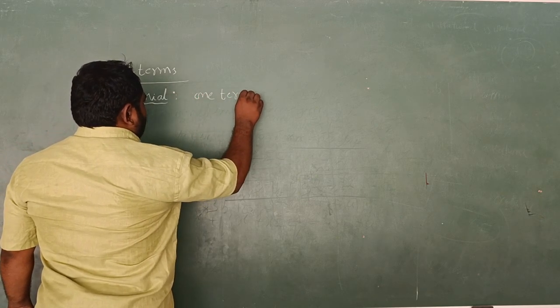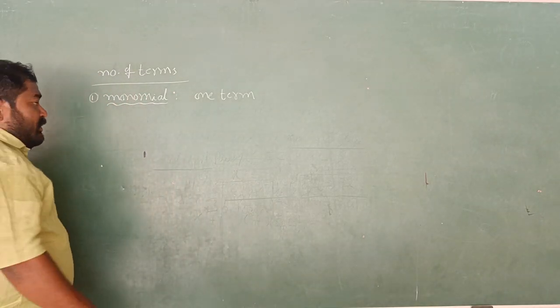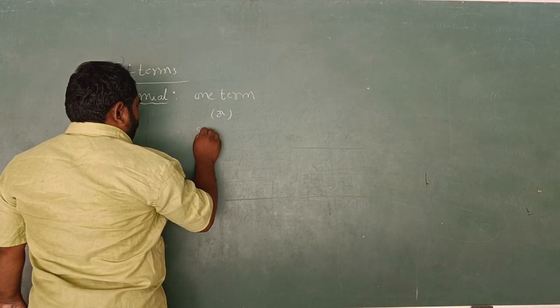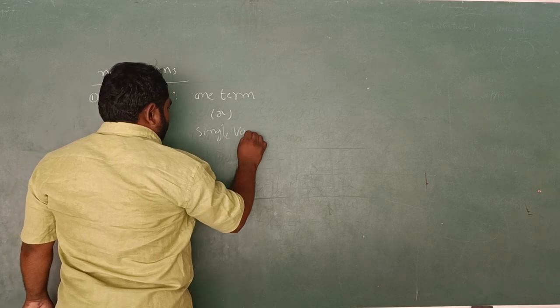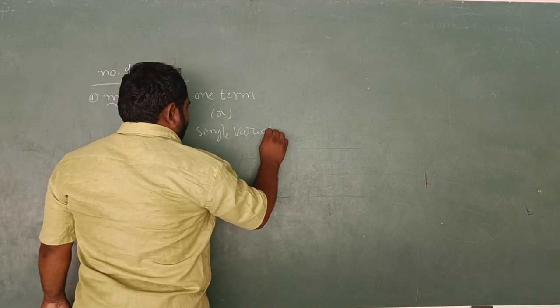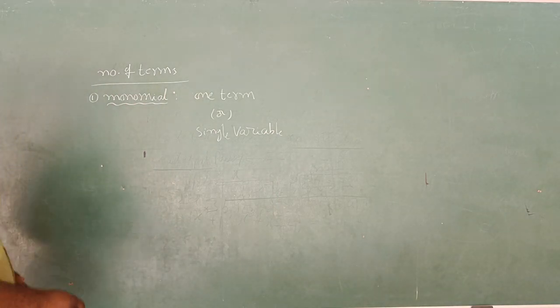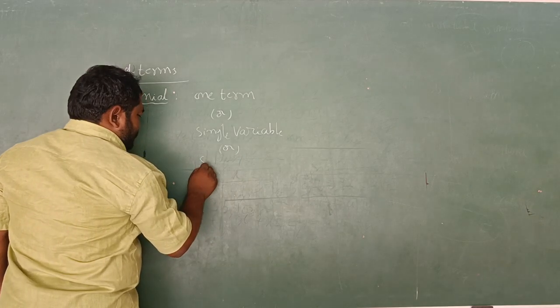A single variable is also called a monomial, or a single constant.